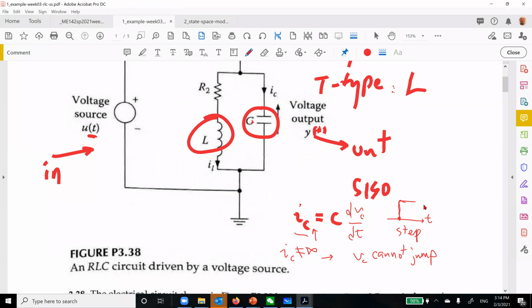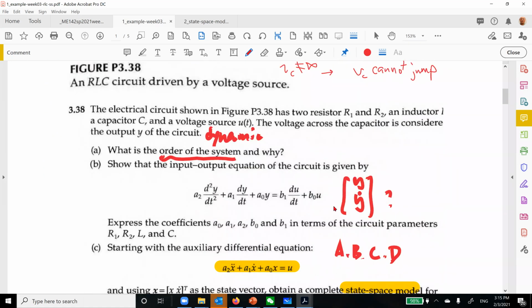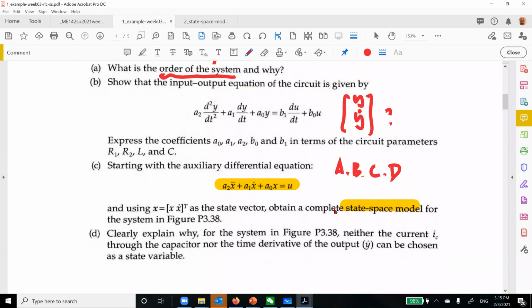If you have a sudden change, you lose the legal position to serve as a state variable. So if we find out a variable can jump, that means it cannot serve as a state variable, because you have a d/dt, and that will cause infinity. Make sense? So this question is a typical question from our homework, but I pulled it out to clarify a few things in the state space.